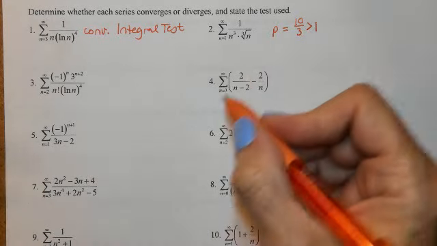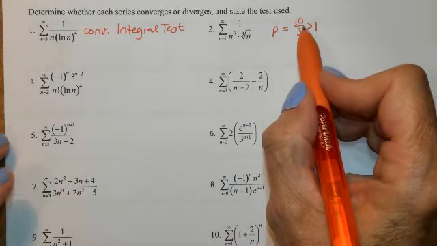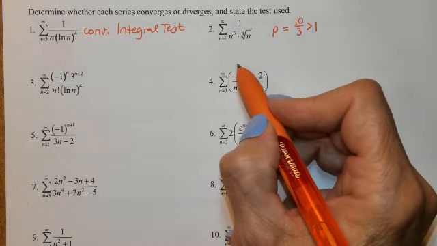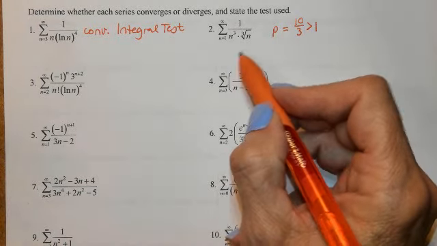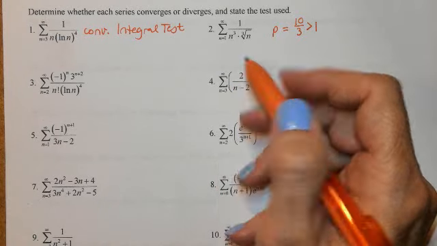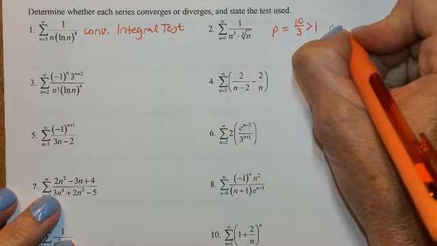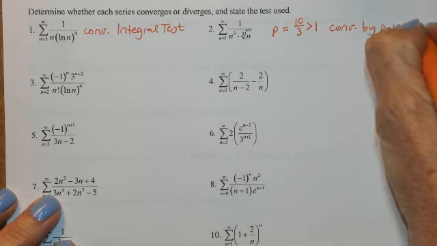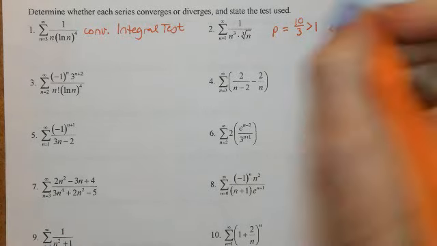The exponent is bigger than 1, so the denominator is heavy. It's pulling it down to the x-axis fast. So this converges by p-series test.